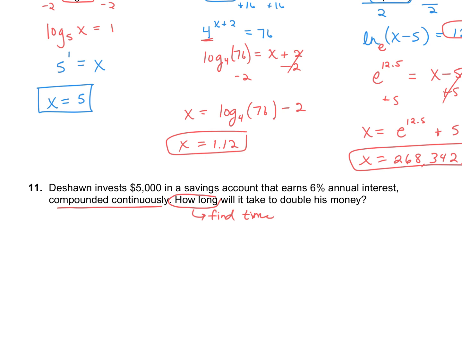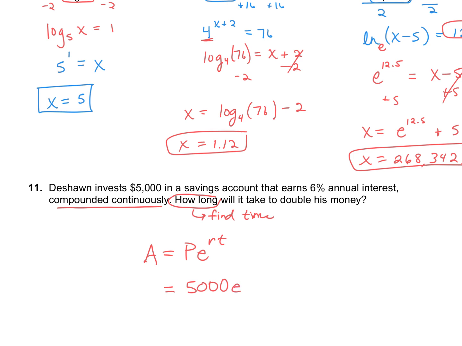Because this is a compounding continuously problem, we have a formula for that. We've got A equals P times e to the rt power. So let's plug in a couple things. We know P is the principal deposit, which is $5,000, times e, which is just that number on your calculator.